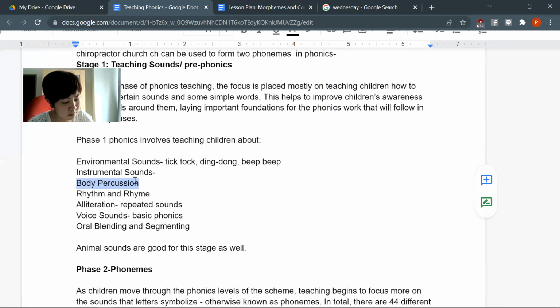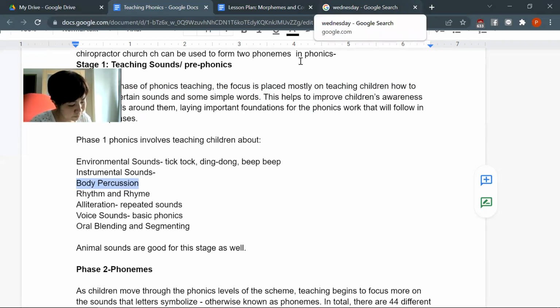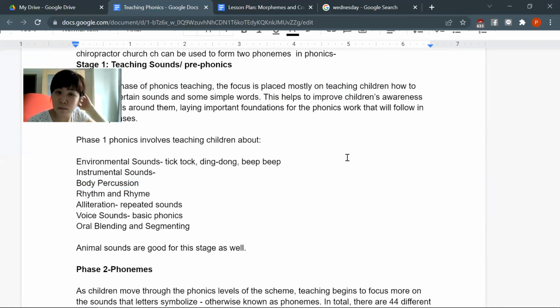Rhythm and rhyme. So this is where you come in when young American or British students are learning. The teachers will teach them little rhymes, right? Like Jack and Jill went up the hill, those types of things.